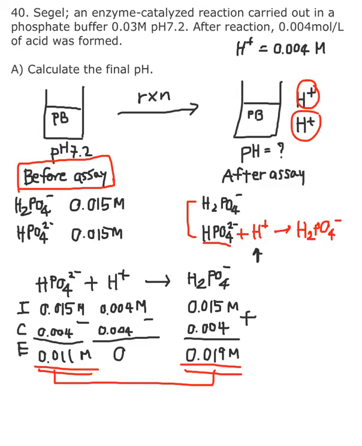So you can use the Henderson-Hasselbalch equation to calculate the final pH over here. pH equals pKa plus log B over A. So your B would be HPO4 2-, while A is H2PO4 minus.